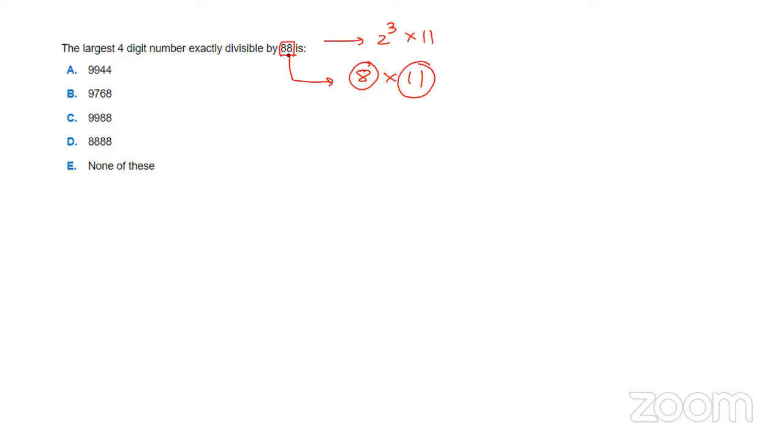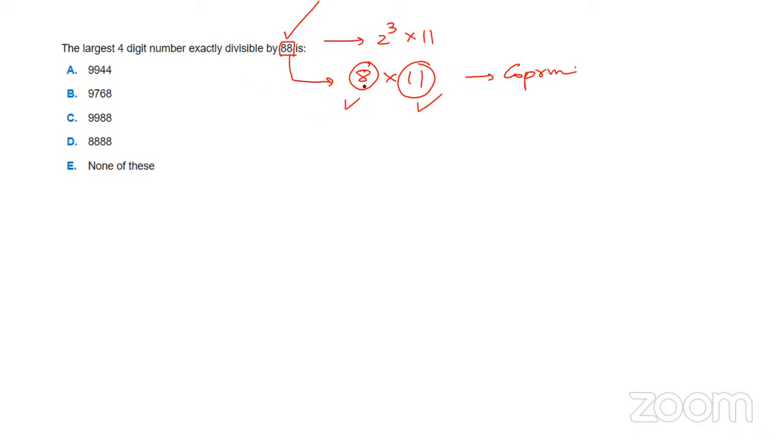So 88 I can write as a product of 8 and 11, and they are co-prime. 8 and 11 don't have any common factor. So if a number is divisible by 88, it should be divisible by 8 as well as 11. These are the conditions we can think about.